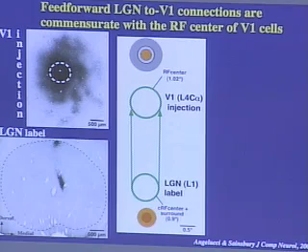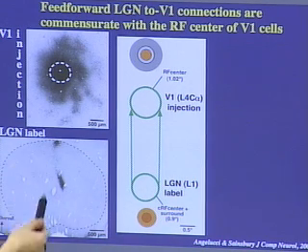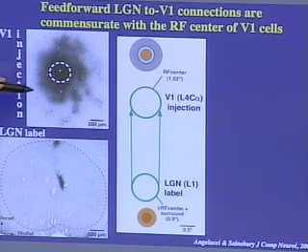So anyway, what we were able to do is to correlate the anatomical spread of these connections from the LGN to V1 with the corresponding visuotopic size, and with the size of the receptive field center and surround of the V1 neurons to which they project. And this is the visual field map of these two regions.